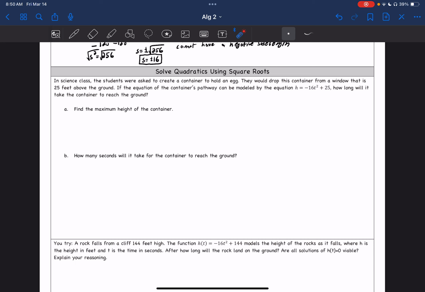If we think about this logistically, when will the egg be at its highest point? We're going to drop it. As soon as we drop it, is it going to get higher or lower? Hopefully you can see that it's going to fall, so that height is going to get lower as time gets bigger.